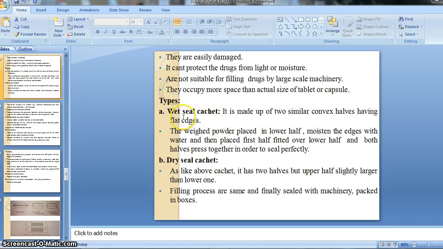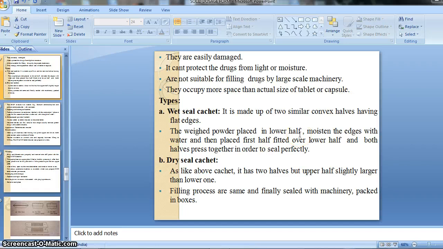So actually what happens is, this sachet contains two similar convex halves, means two portions, right? Then the wet drug or wet powder is placed in the lower half. Whatever drug we have to dispense or pack in the sachet, that powder is filled in the lower half, right?